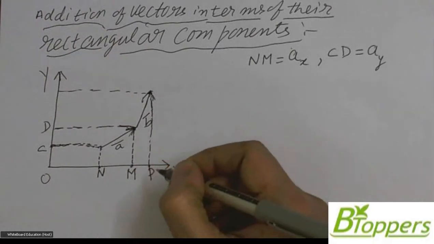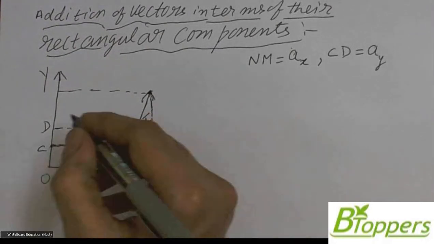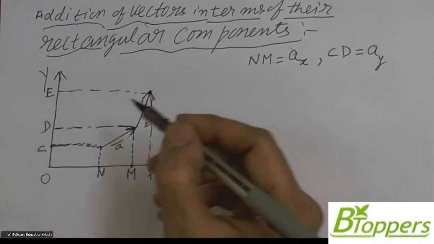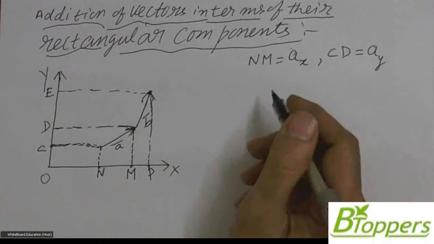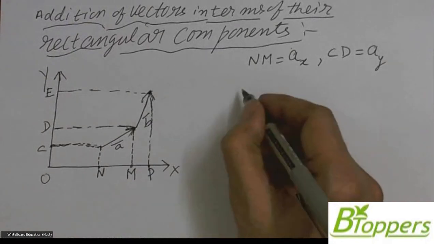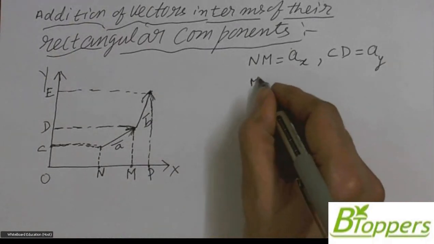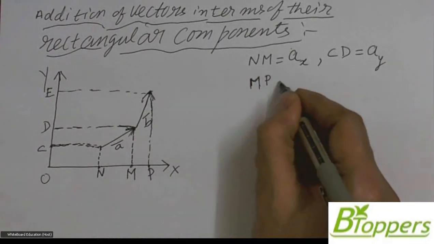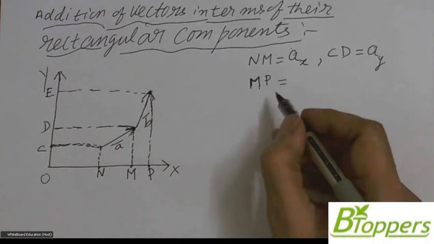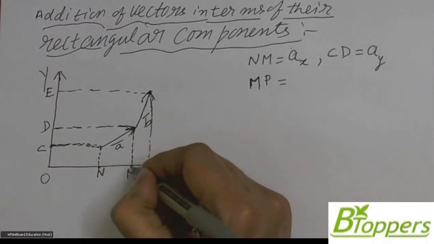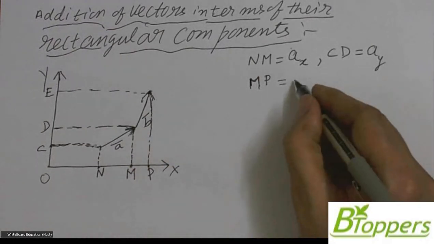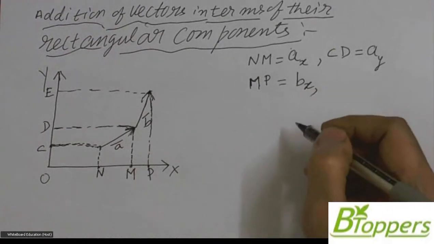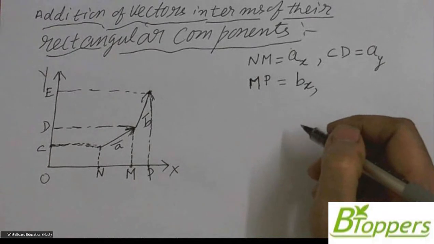Let us call this point P and this point E. That means the length of the line between the points M and P on the x axis gives you the projection of vector b bar on the x axis, or x component of the vector b bar, denoted by bx.